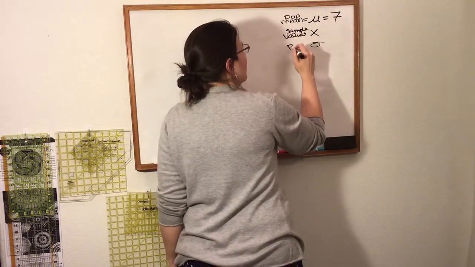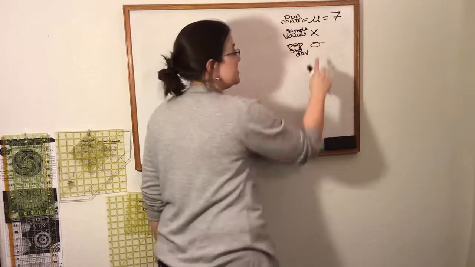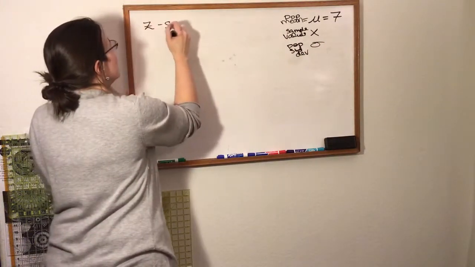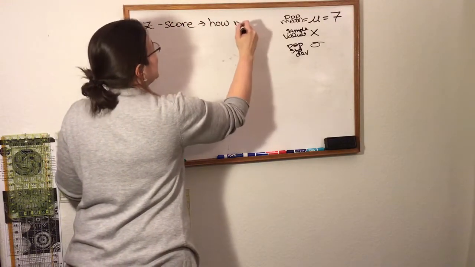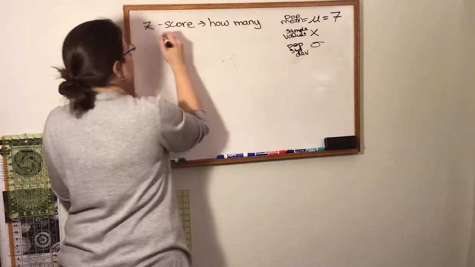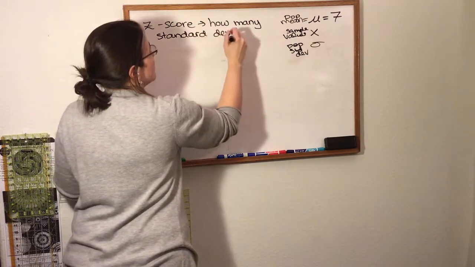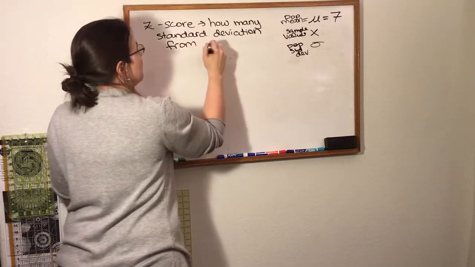And then this is your population standard deviation, is what that symbol means. That's a lowercase sigma. So the z-score tells you how much standard deviation from your mean you are.